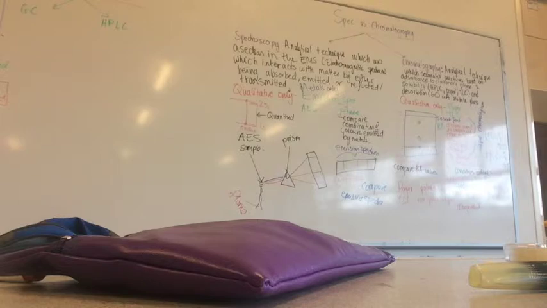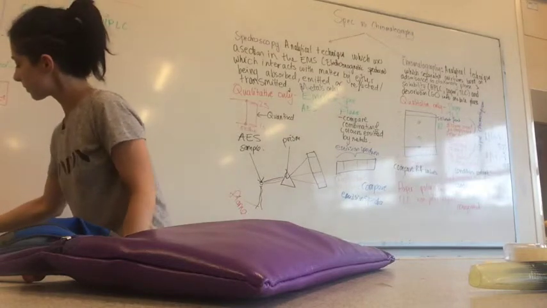So once you've picked your optimum wavelength, you determine the concentration of your standards. You determine the absorbance of your standards at that wavelength. And that, Chris, is what you were saying.